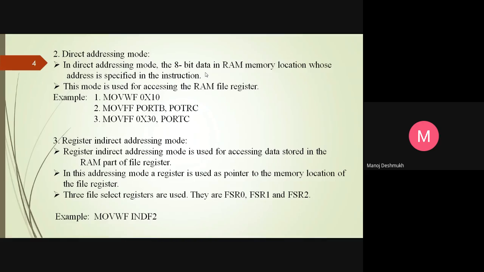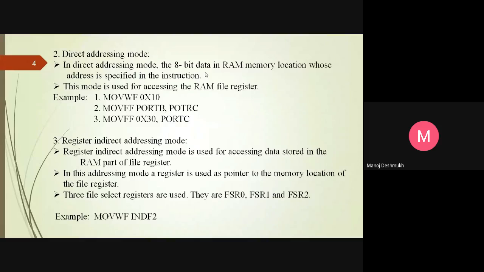Or in the second example, we see that the ports are directly mentioned. As we have discussed, the ports have their own addresses also. Each port carries its own address. If you see the RAM locations, that is various SFRs available in the RAM, the register banks 0, 1, 2, and the special registers are also there and file registers are also there. So based on these registers, we access ports also.